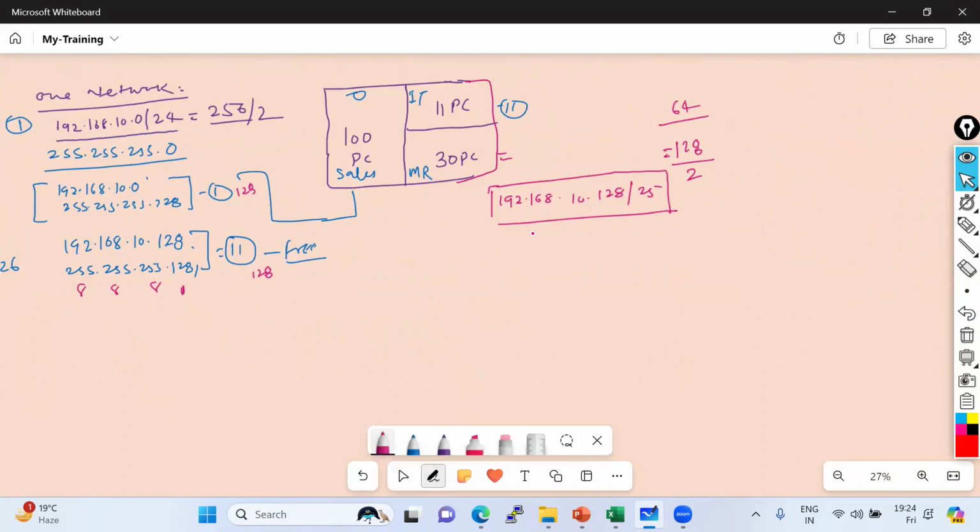So what are the fixed bits now? You tell me. 192, 168, 10 are fixed, and 128 is also fixed. We cannot touch these. So we just have to play with these variable bits.